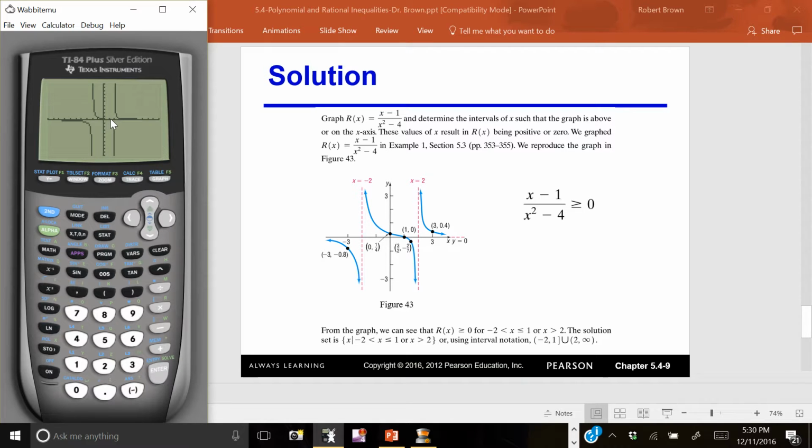And then on the other side of the plus 2 vertical asymptote, it's above 0. Let's start over again.